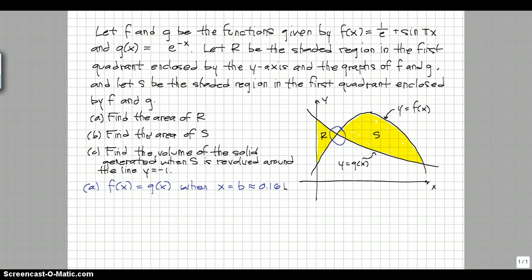Actually, the calculator is giving me x is equal to 0.16069. And I want to store that value as b.